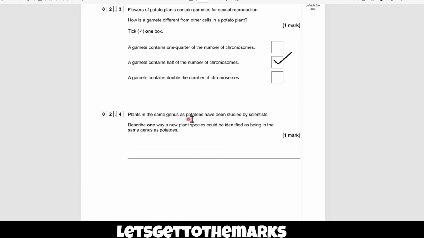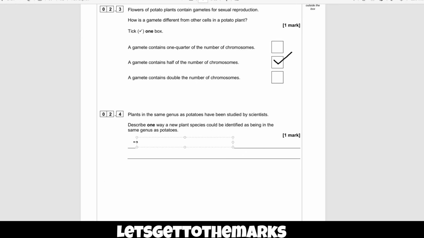2.4, plants in the same genus as potatoes have been studied by scientists. Describe one way a new plant species could be identified as being in the same genus as potatoes. So we've got to say one way that we could tell if a new plant species is in the same genus as potatoes. And what we could do is breed them together and see if they reproduce. They should be able to produce hybrid offspring. So that might be one way. Another way is by looking at the DNA.